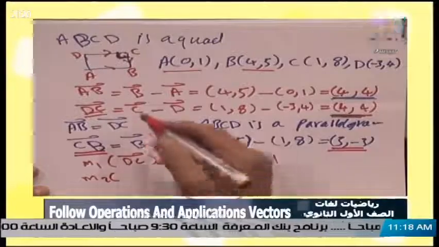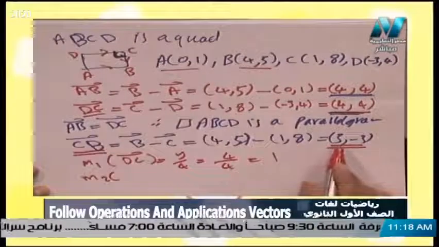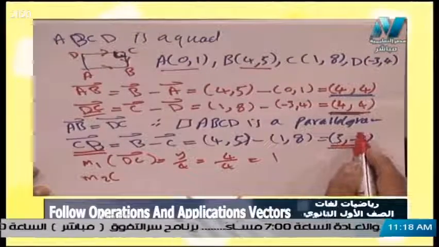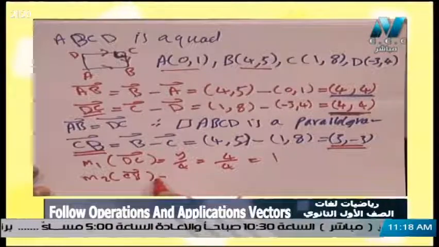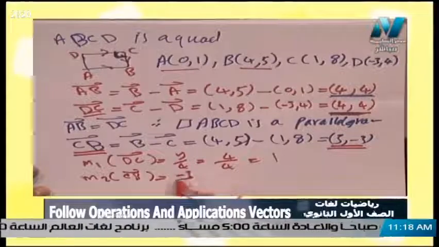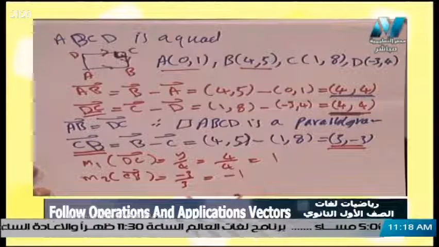And the other slope, of the vector CB, is y over x, which is negative 3 over 3, which is negative 1.